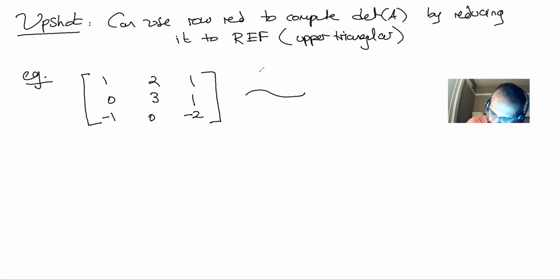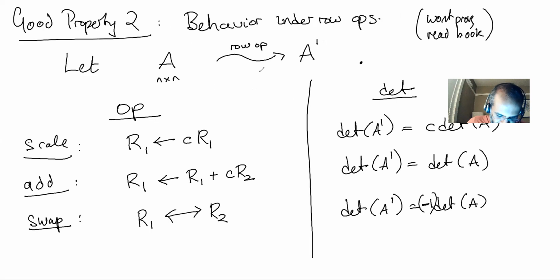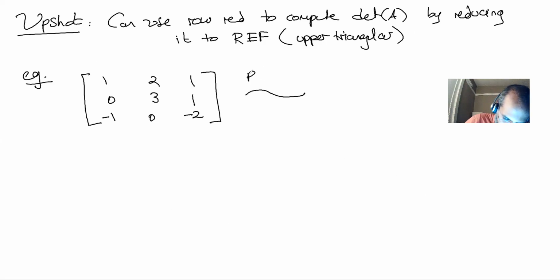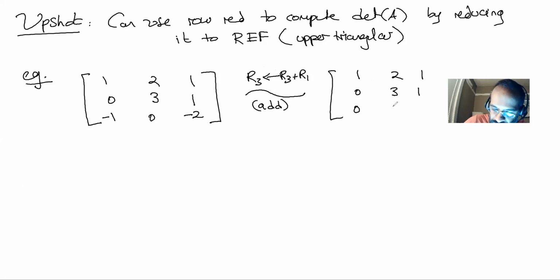So remember, we have these 3 operations in our hand that we can do: scale, add, and swap. So let's start by adding to 0 out this minus 1. So R3 gets R3 plus R1. So this is an add operation. So you get 1, 2, 1, 0, 3, 1, 0, 2, minus 1.